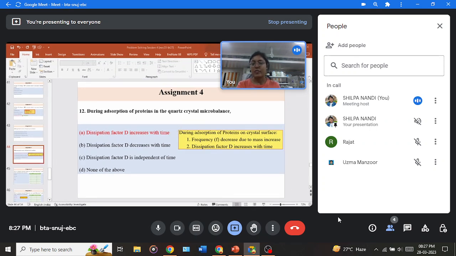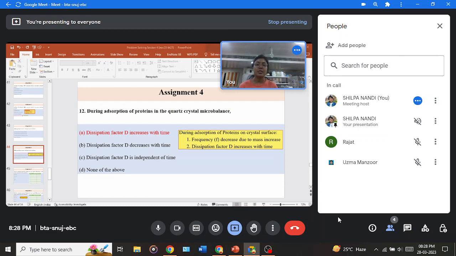So dissipation factor D increases with time during the adsorption of protein in QCM, that is quartz crystal microbalance. During adsorption of protein on the crystal surface, basically two things occur. One is the frequency decreases due to mass increase, and second is dissipation factor D increases with time. You must remember these two things while working with any questions related to quartz crystal microbalance.